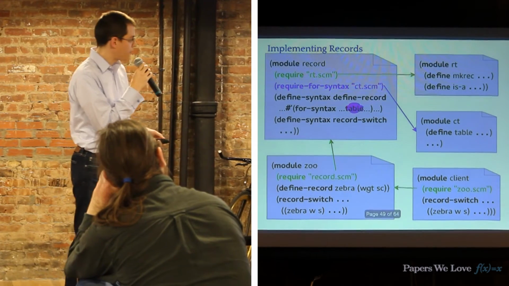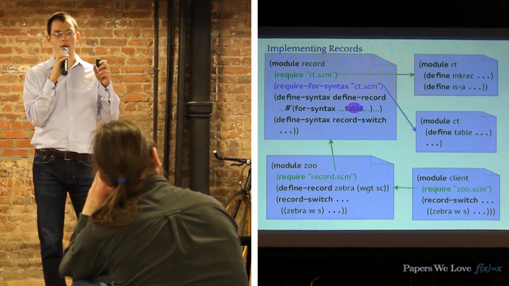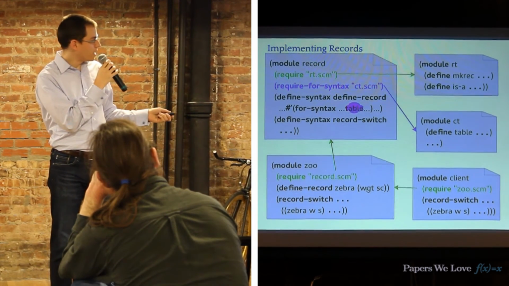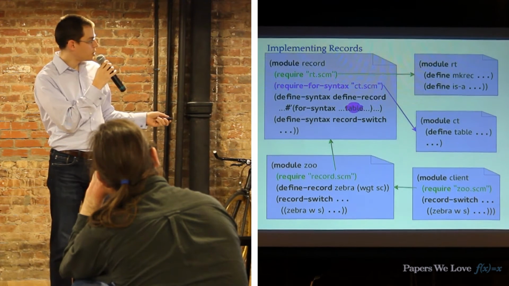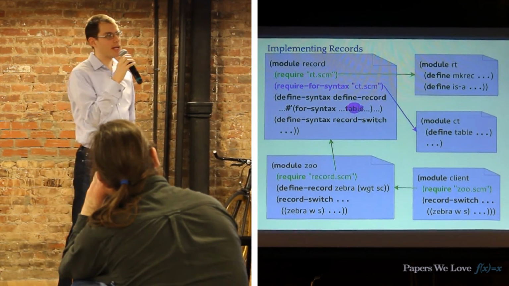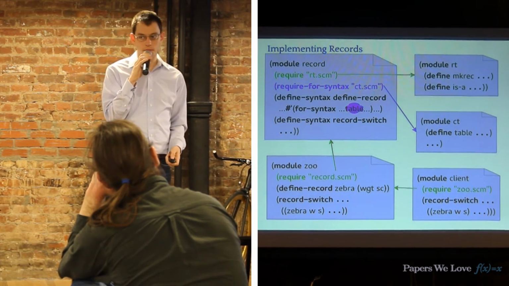Fortunately, we have a trick here. Instead of manually updating the table inside the implementation of define record, we're going to generate code that updates the table.